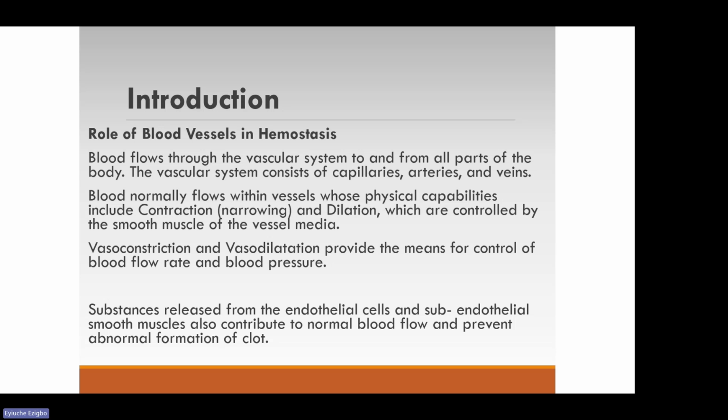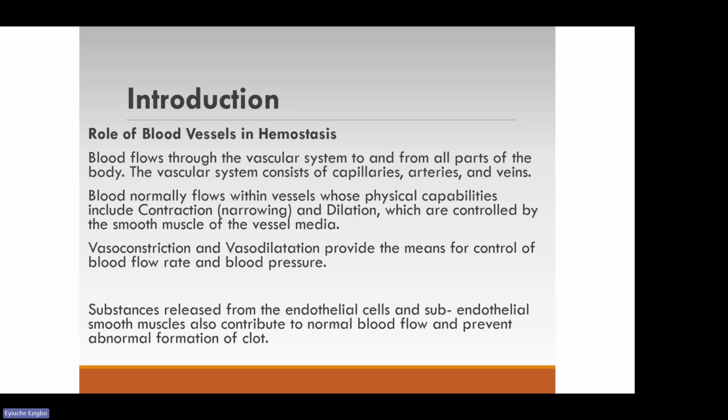You know that the blood we are talking about flows through the vascular system to and from all the parts of the body. The vascular system consists of the capillaries, the arteries, and the veins.